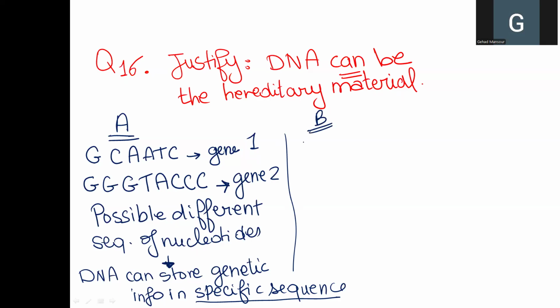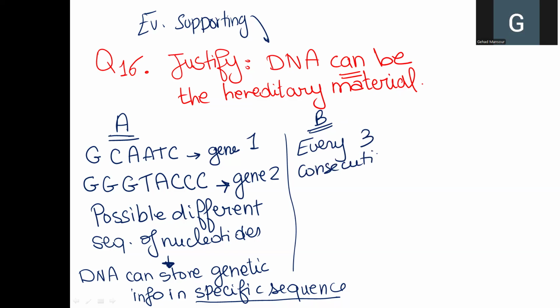The second evidence that supports that DNA is the genetic material is that every 3 consecutive nucleotides, consecutive in order, in a queue.